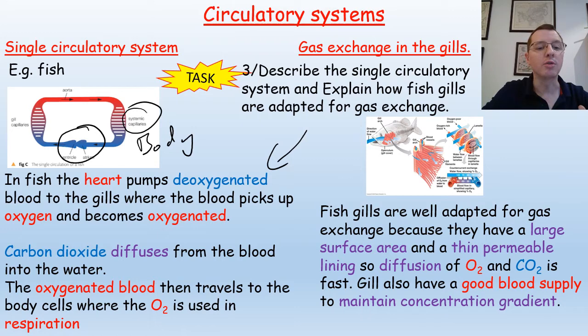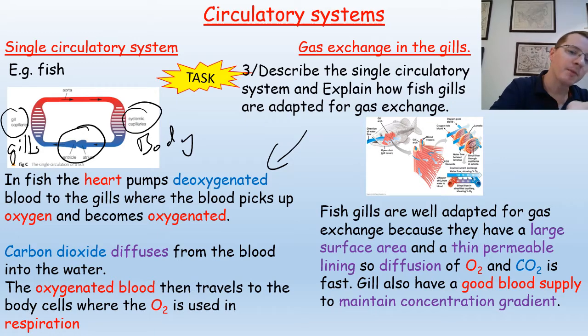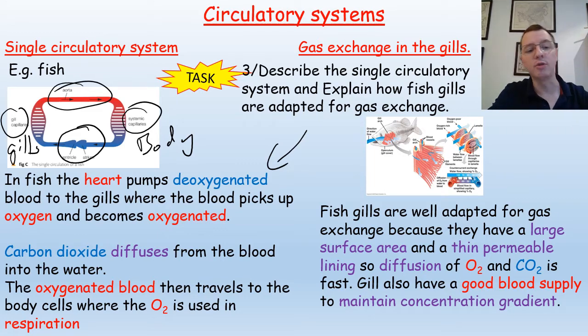So this is deoxygenated blood. The blood is then pumped to the gills, and in the gills the blood picks up oxygen and becomes oxygenated here. Carbon dioxide diffuses from the blood into the water, and the oxygenated blood then travels around the body to the cells in the muscles where oxygen is used in respiration.